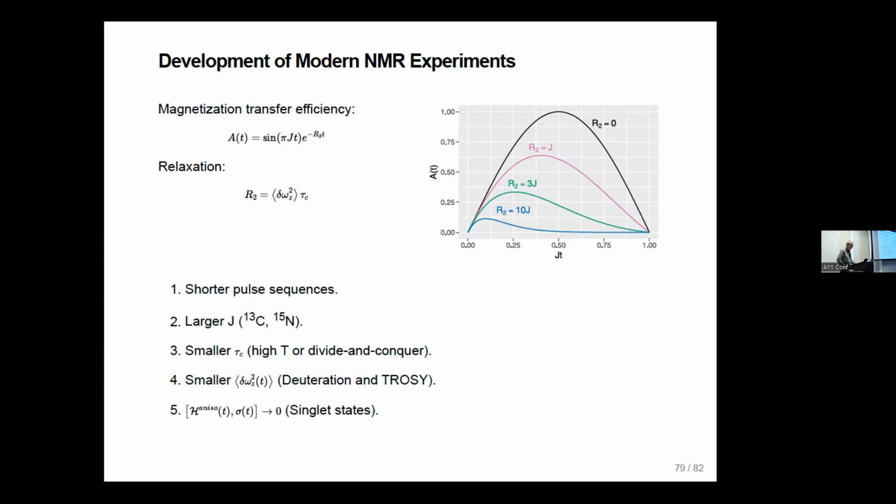Now, T2, R2, is caused by this random phase evolution. That's just chemical shift. You know how to refocus chemical shift. How do you refocus chemical shift? The spin echo.